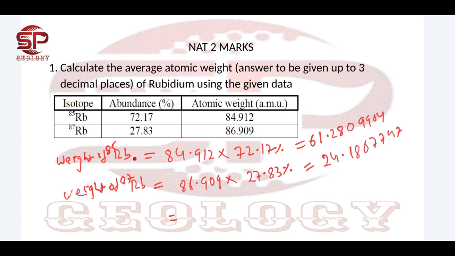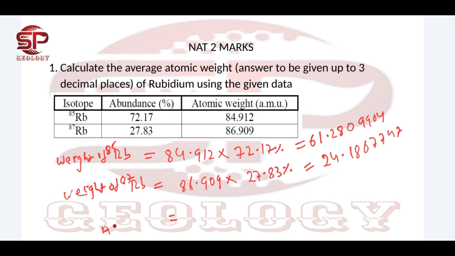So the isotope of rubidium 85, with an abundance of 72.17, has a weight of 61.280. Then the weight of rubidium 87, with an abundance of 27.83%, is 24.18077.